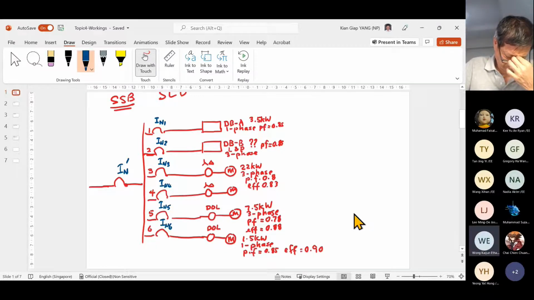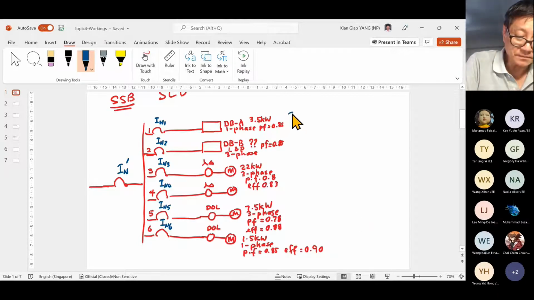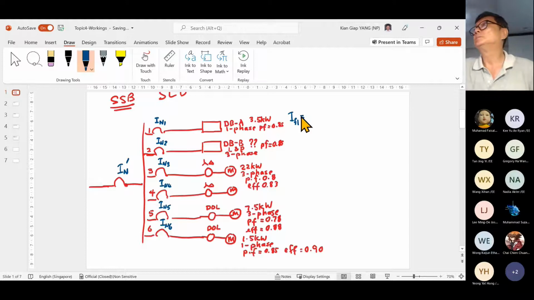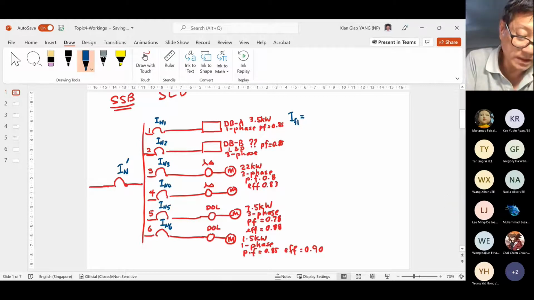Calculate the IFL, is it? Very good. Okay, let's start with this IFL. How do I calculate the IFL for this one? Use the power, then you divide. So power divided by what?